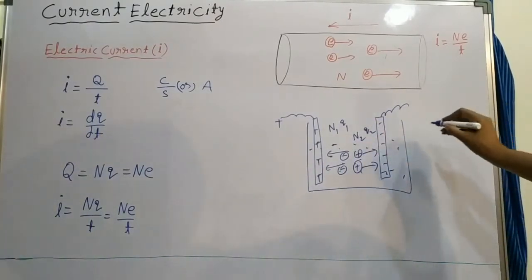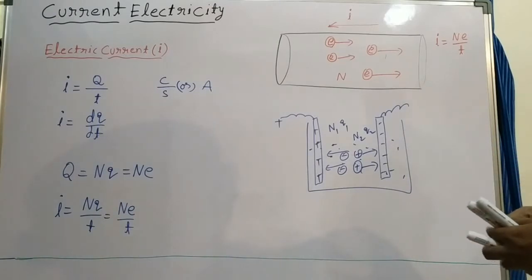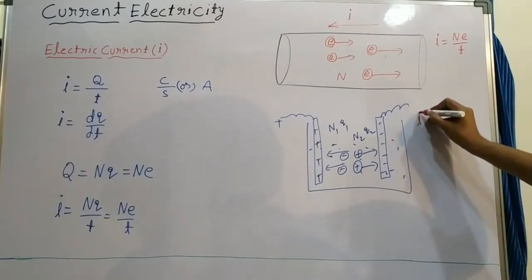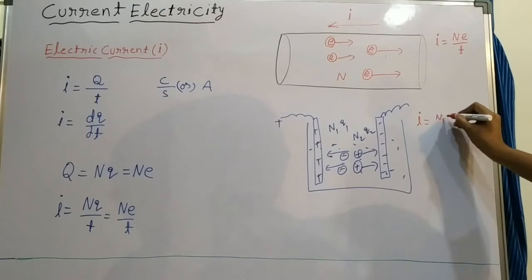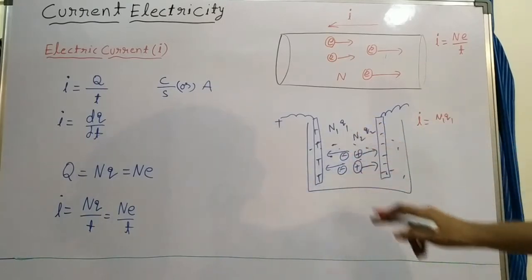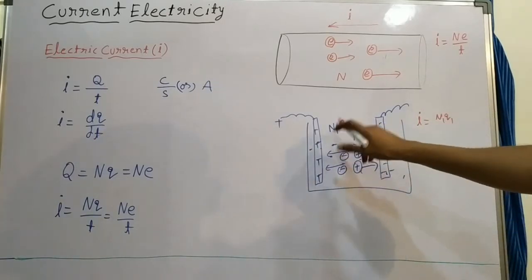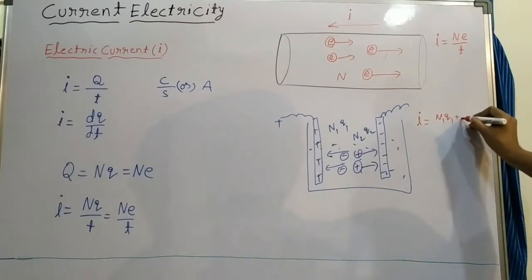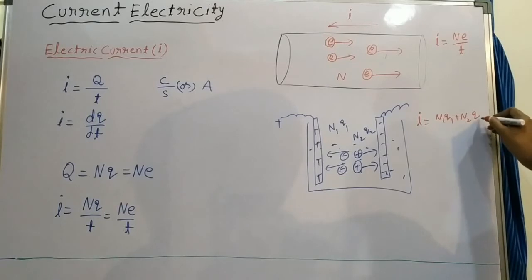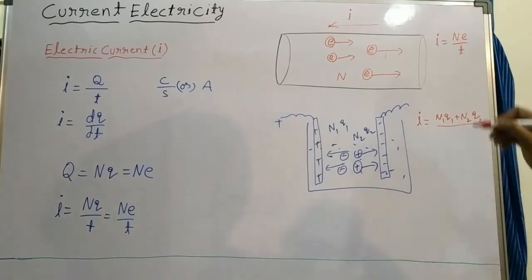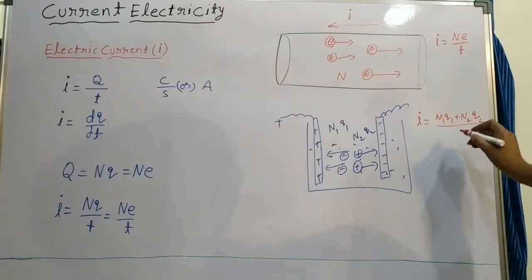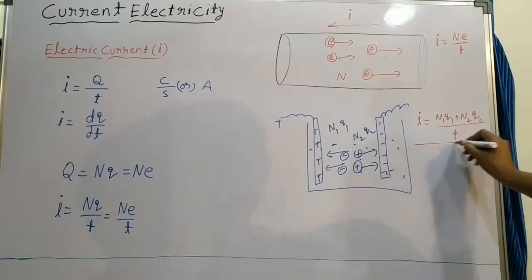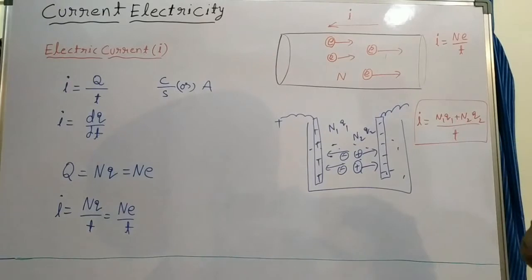In that case we can write: I is equal to n1q1, due to negative charges, plus n2q2, where n2 is the number of positive charges and the charge of each is q2. All this happens in t seconds.